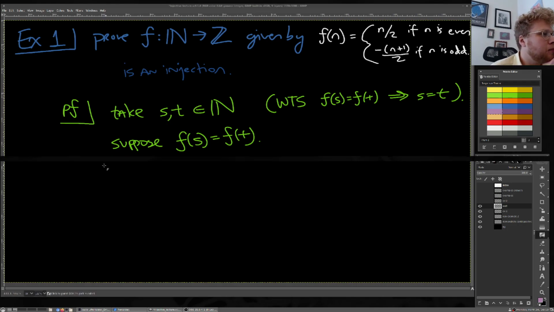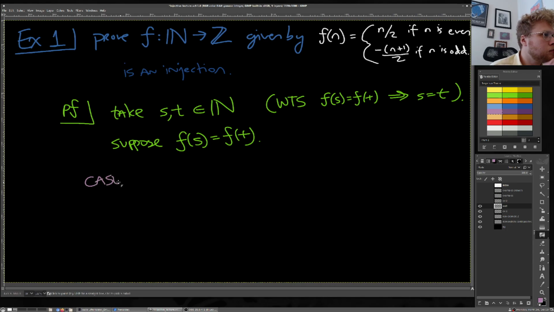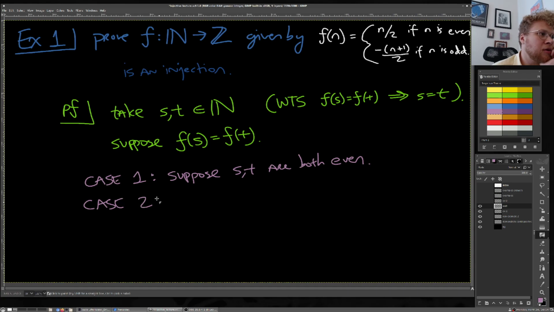So, case 1. Suppose S and T are both even. And then going forward, we would say case 2, suppose they're both odd.